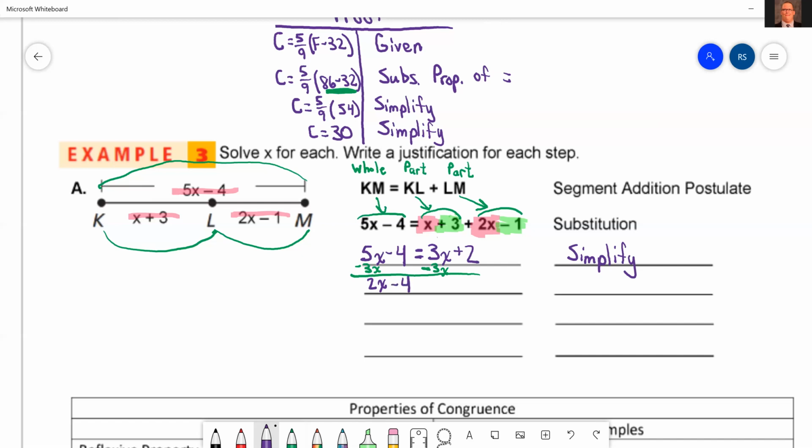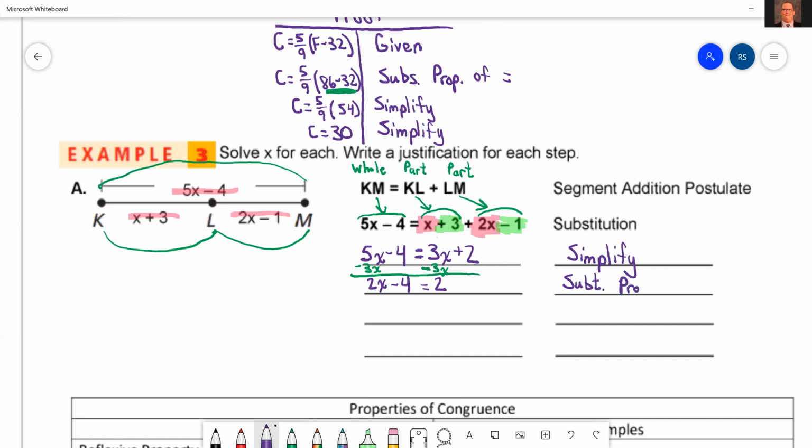Now I'm going to have minus 4 equals 2. Okay, why is that next step a true step? What did we do? We subtracted 3x. So that's our hint. Subtract.